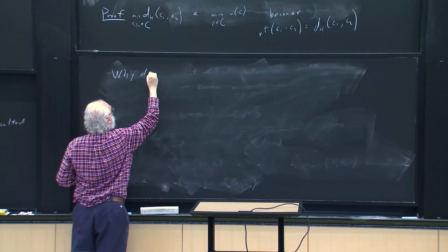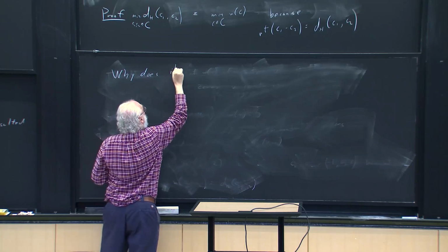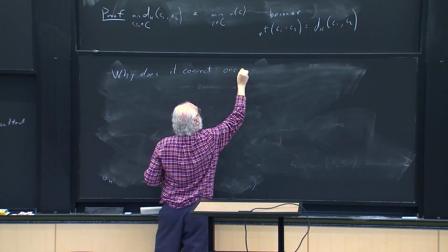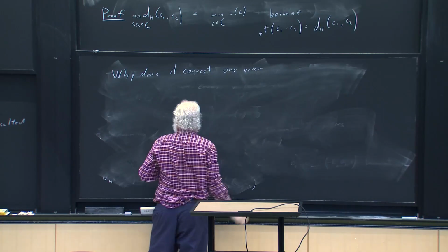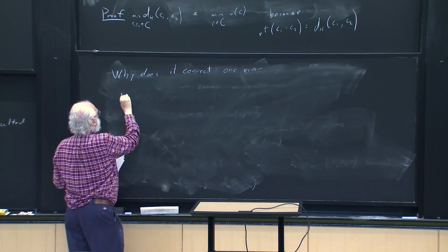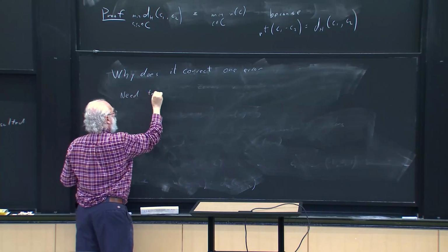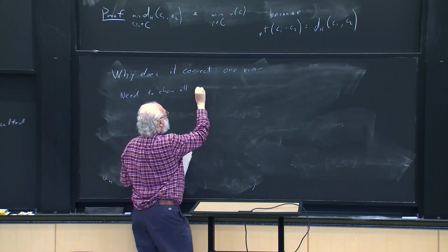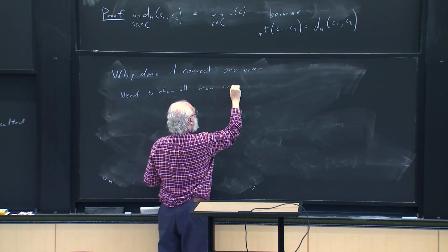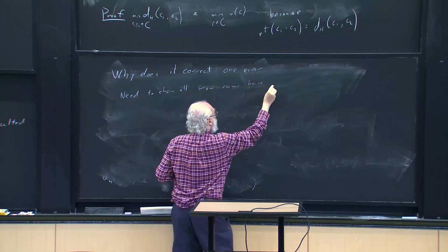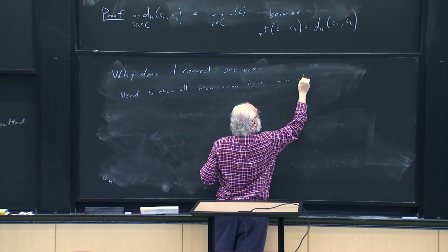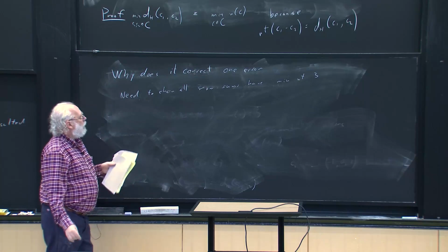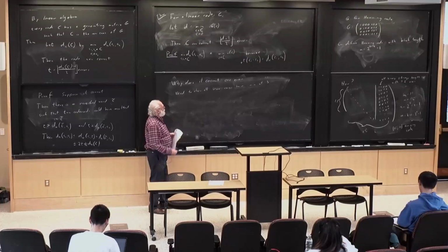Why does it correct one error? We need to show all non-zero row sums have minimum weight 3.